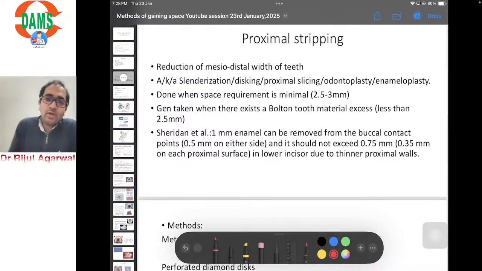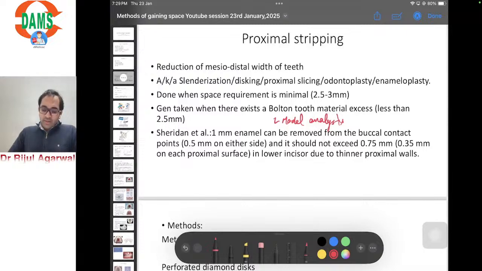And what is the indication for proximal stripping? It is done when the space requirement is minimal, that is approximately 2.5 to 3 mm, generally taken through model analysis. How do we judge? We use Bolton's analysis to judge the requirement for proximal stripping.